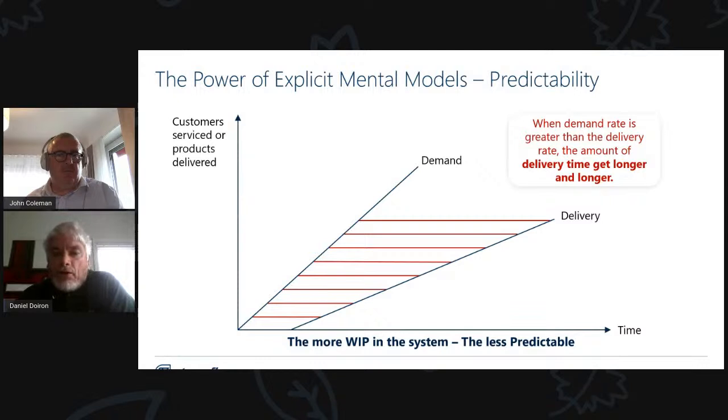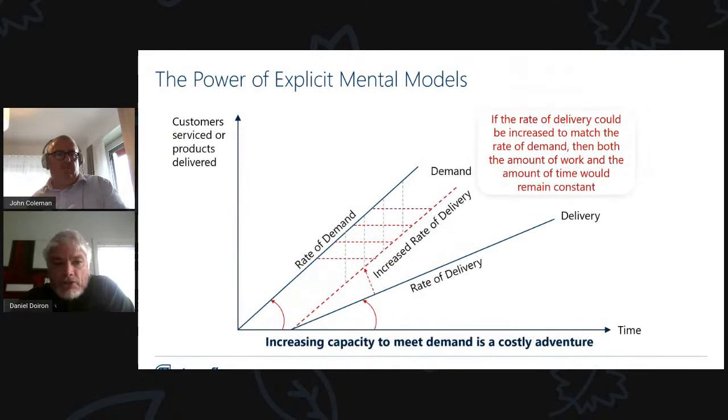It takes longer and longer. So this difference between the slope of the demand and the slope of the delivery line is key. We've got to try to make these two lines parallel, no matter what the rate of demand or the rate of delivery, so that we can have stable WIP in the system and stable delivery times.